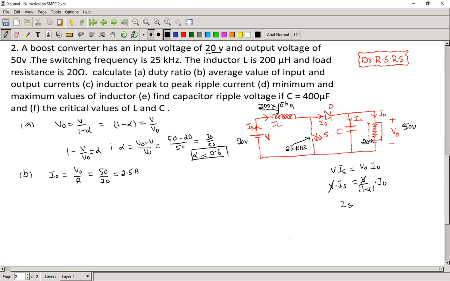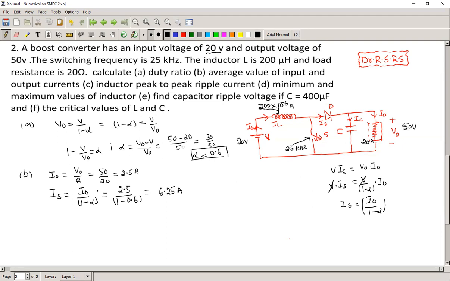So the average source current Is equals I naught by 1 minus alpha. This is the direct formula. So 2.5 by 1 minus 0.6 gives 6.25 amperes.